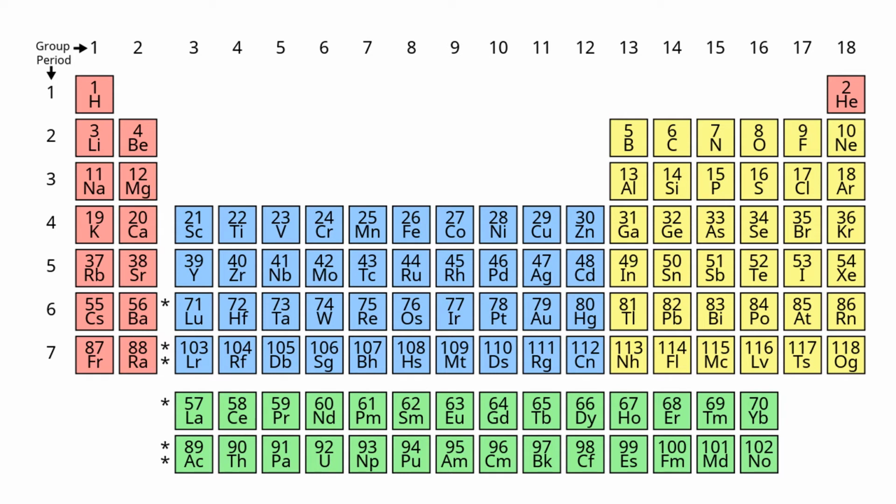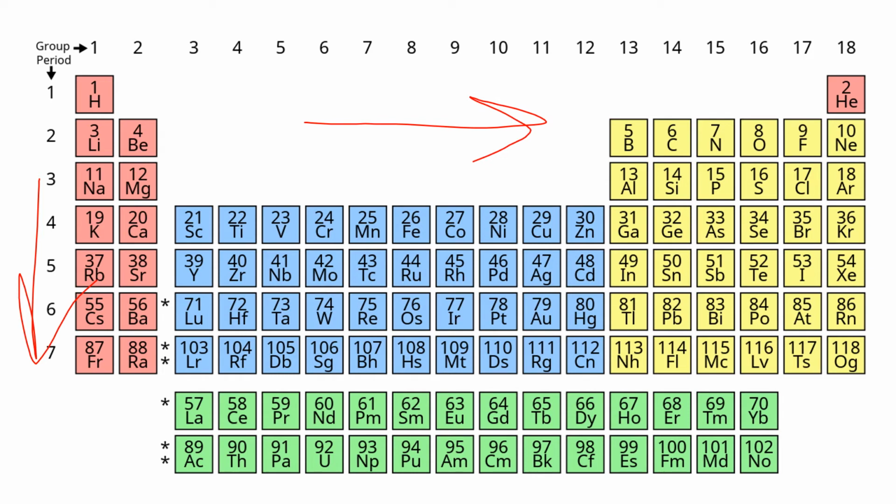As we move further away from the nucleus, we get less attractive force from the nucleus, therefore it's easier to remove the outermost electrons. So the heavier atoms down at the bottom of the periodic table are going to be quite easy to ionize, quite easy to remove the first electron from them. And as we move to the right, as the atoms get smaller, they're going to be more difficult to ionize.